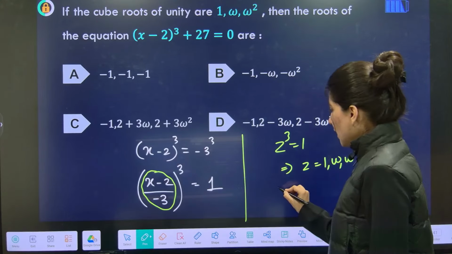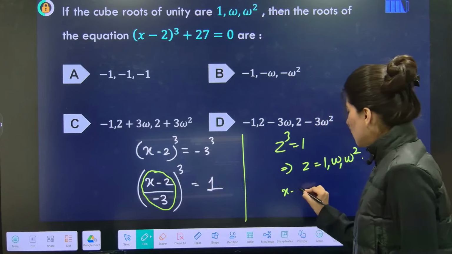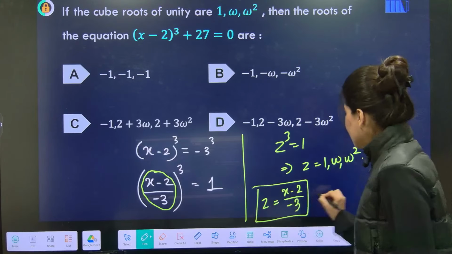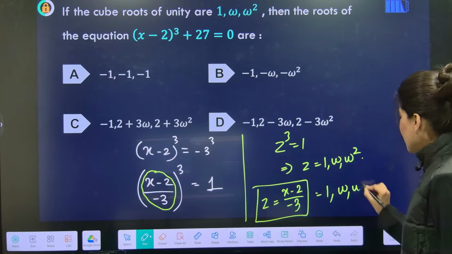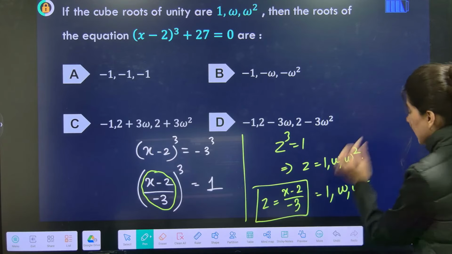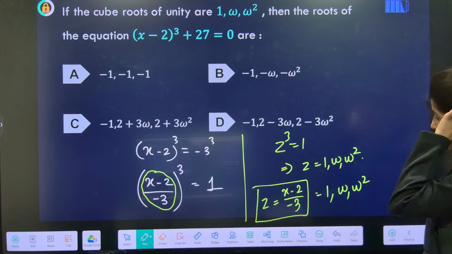Now this x minus 2 upon minus 3 is your z, and this is going to be 1, omega, omega square. Now let's solve. If this is 1, this is going to be minus 3 plus 2.